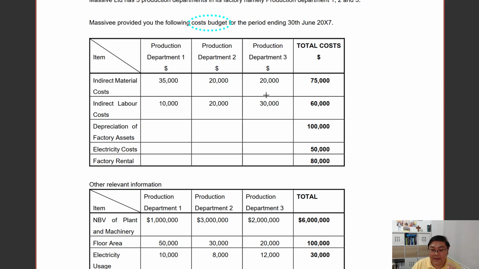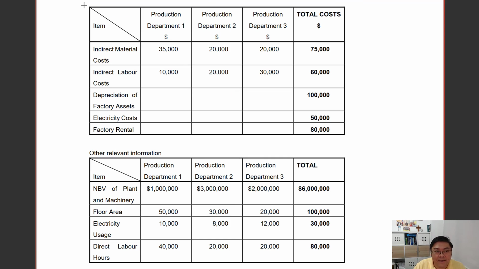So we can identify specifically to each of these departments. But there are costs that we can't yet identify to all these departments. For example, there are 3 things. There's depreciation, there's electricity, there's factory rental.